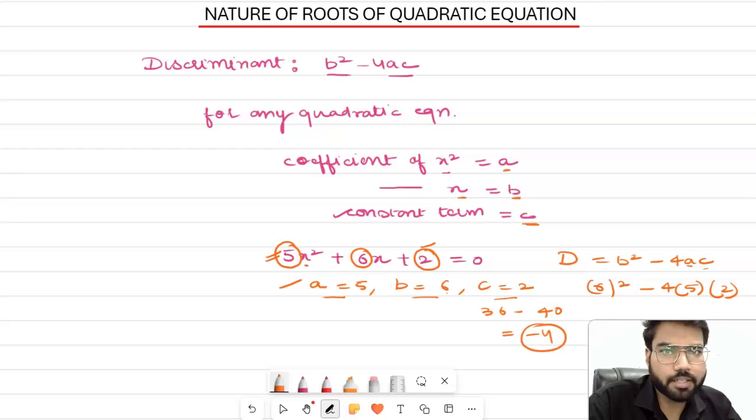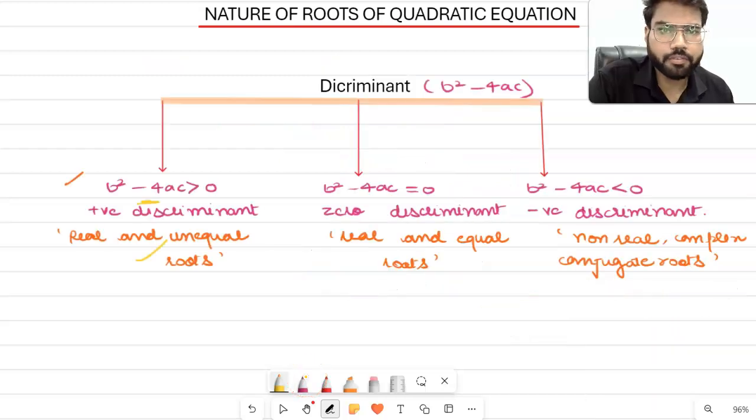So let's see that. Based on the value of discriminant, we have three cases. Case number 1: when the value of discriminant is greater than 0, that means the value of discriminant is positive, because b square minus 4ac greater than 0 means it's a positive number.